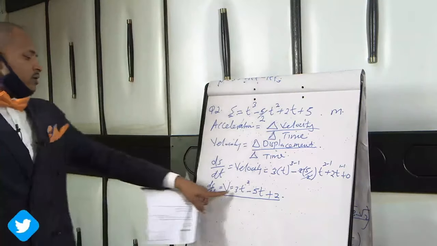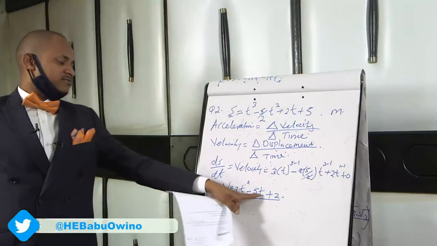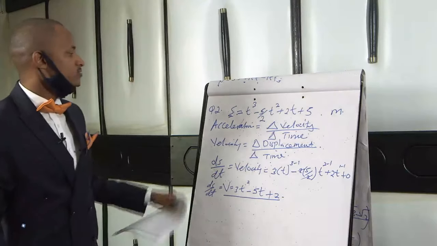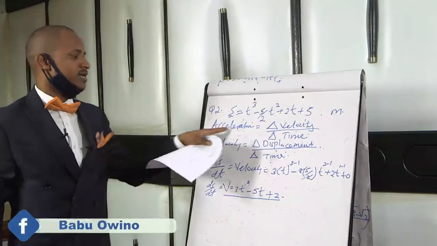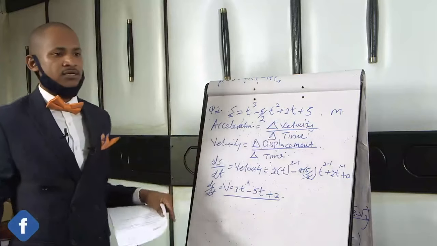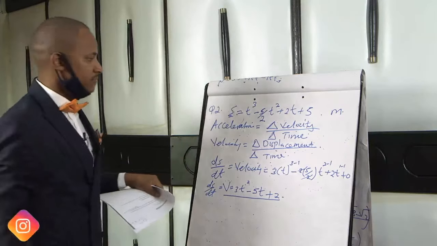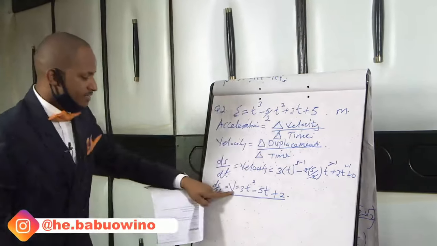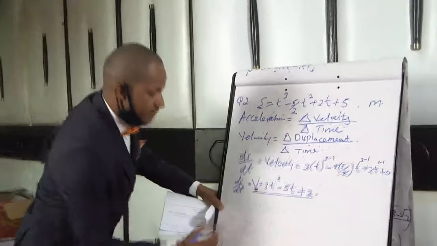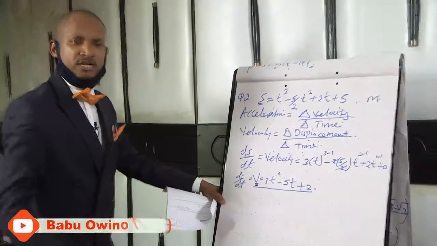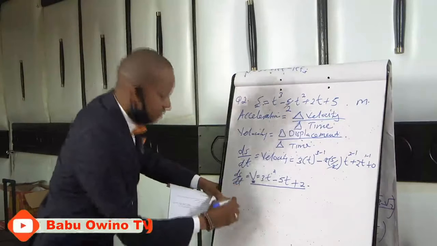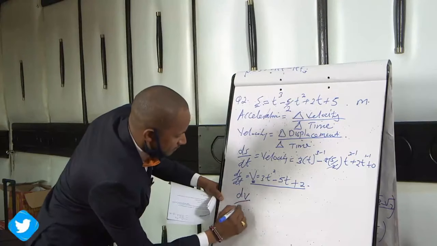Now, we know our velocity is 3t squared minus 5t plus 2. We want to find the acceleration, and we said acceleration is change in velocity divided by change in time. Therefore, we further differentiate the velocity, which will give us dv/dt.